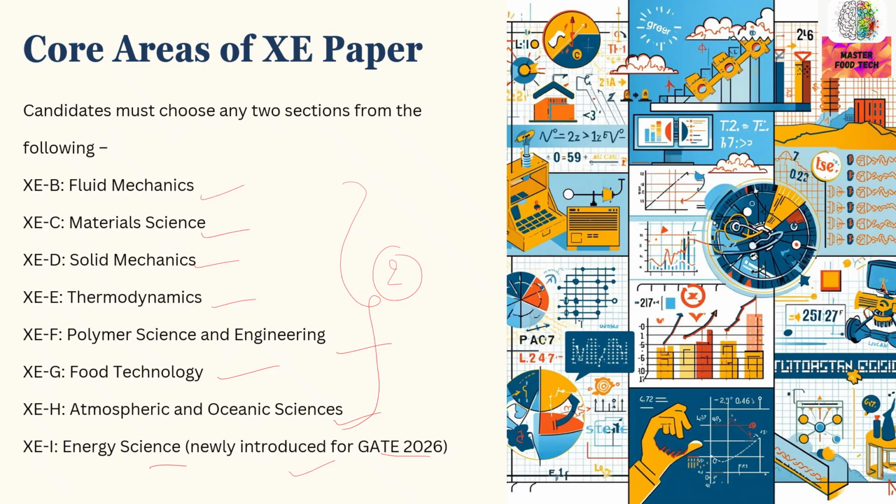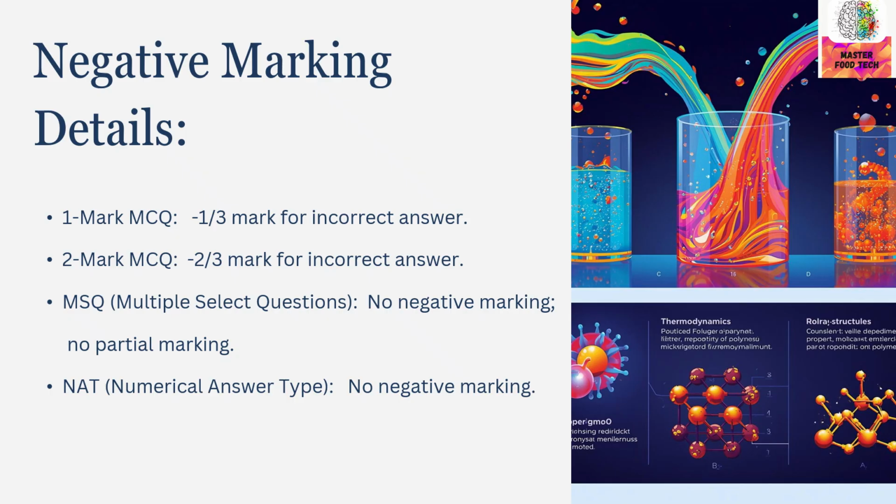So next we'll see the negative marking scheme. Now let's understand the marking, because this decides your rank. In 1 mark MCQs there will be minus 1 by 3 mark for an incorrect answer, and in the case of 2 mark MCQs there will be minus 2 by 3 mark for an incorrect answer, and in the case of MSQ, multiple select questions, and NAT, numerical answer type questions, there will be no negative marking.